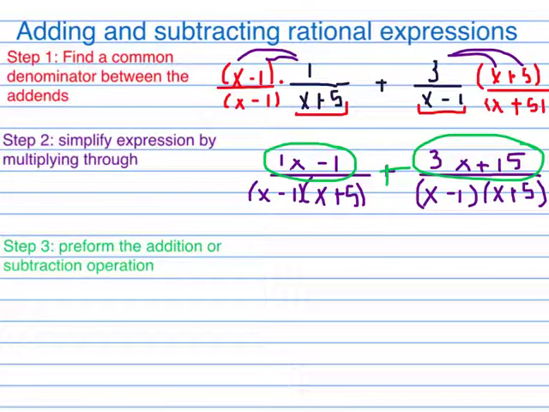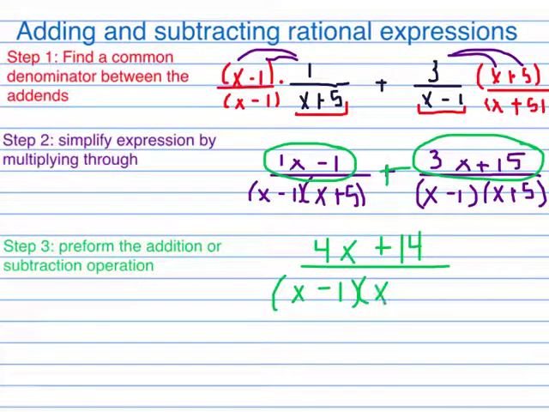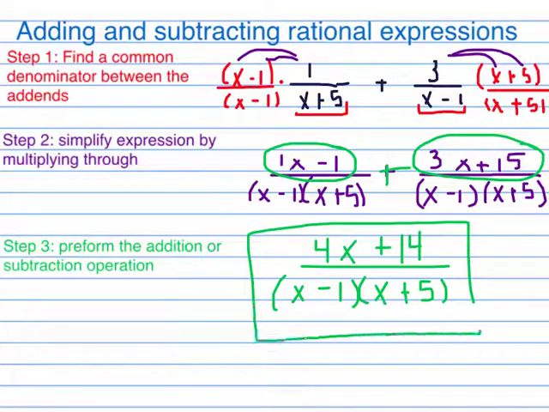And then after we add that, the denominator stays the same. So we've got 1x plus 3x is 4x. Negative 1 plus 15 is 14. And then we keep the denominators the same. And that is the final addition of that rational expression.